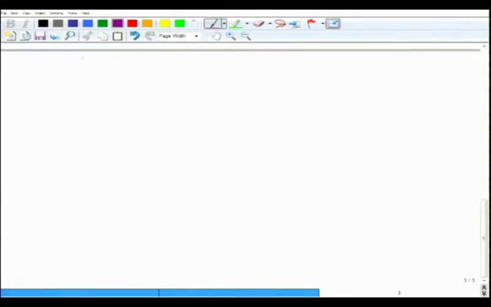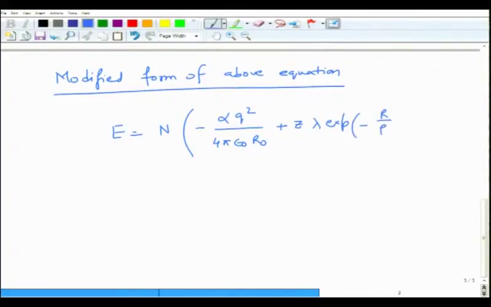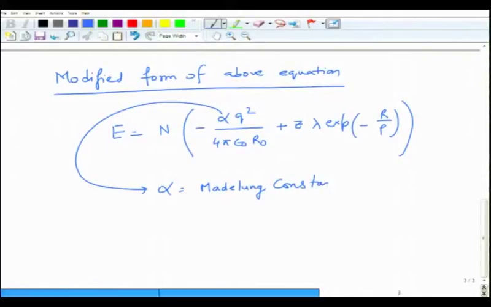So, the modified form of this equation is E is equal to N times minus alpha q square divided by 4 pi epsilon naught r naught plus z lambda exponential of minus r divided by rho, where alpha is something which is called the Madelung constant.